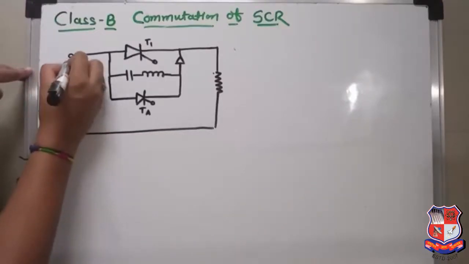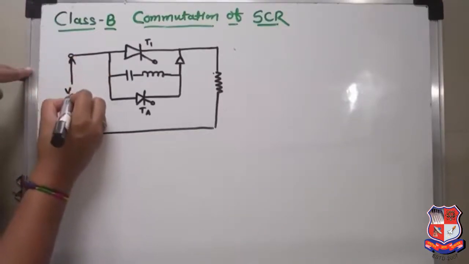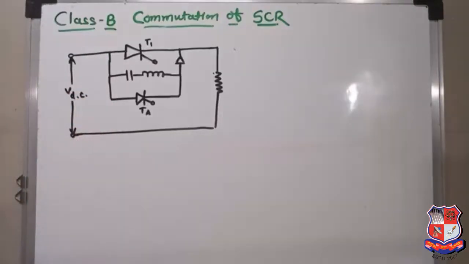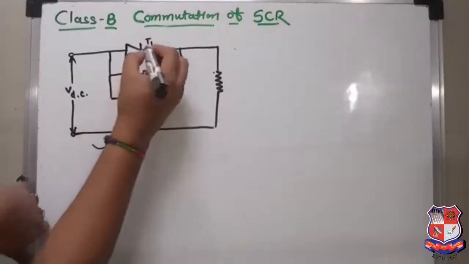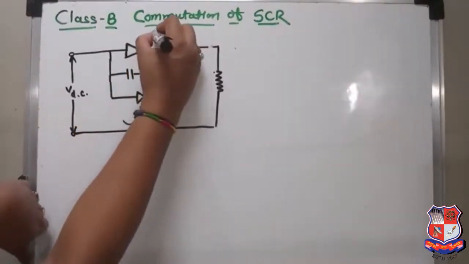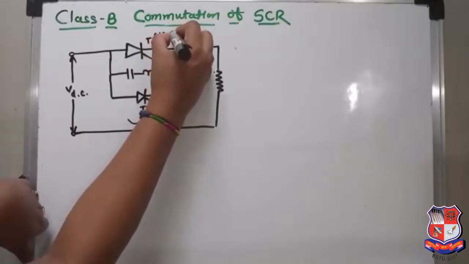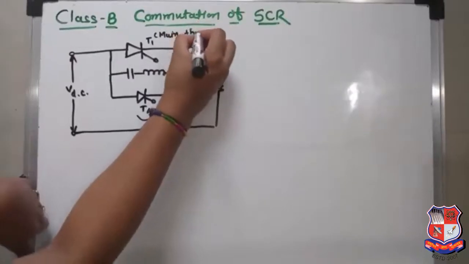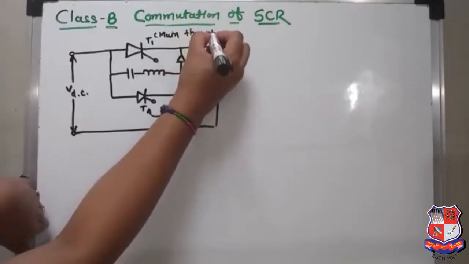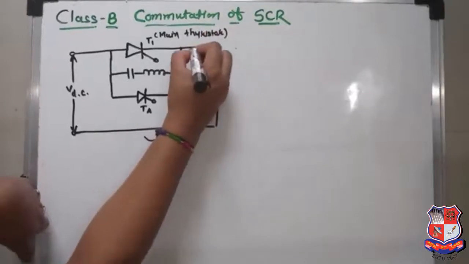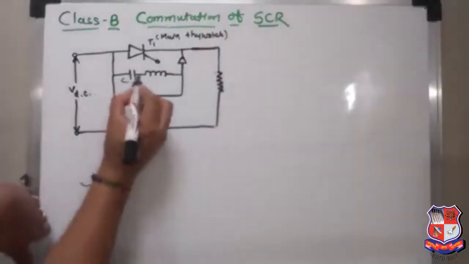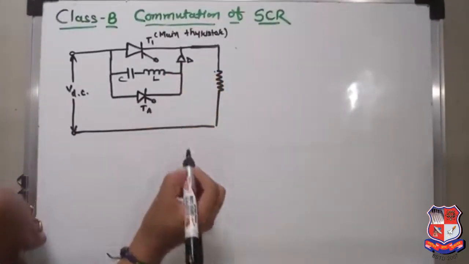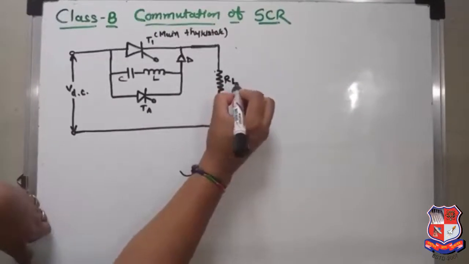This circuit is energized with a DC source, since in a force commutation there is always a DC input supply. Here thyristor T1 is the main thyristor which is required to be turned off. Here a capacitor C, inductor L, diode D, an auxiliary thyristor, and a load RL.